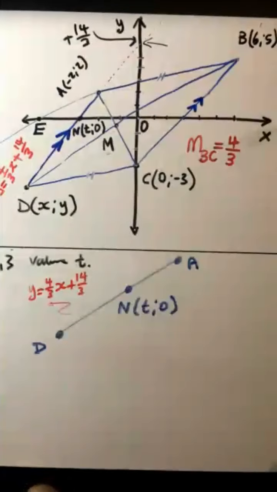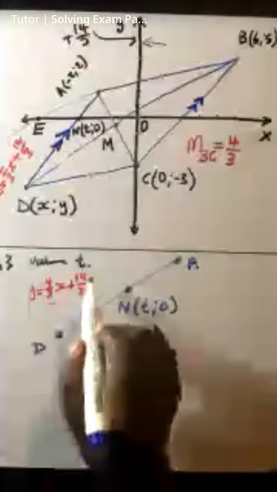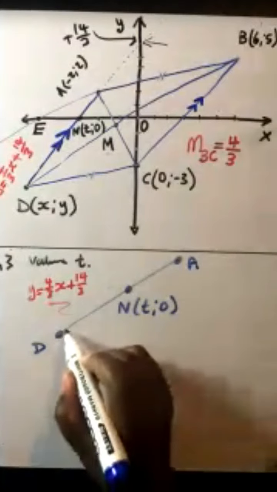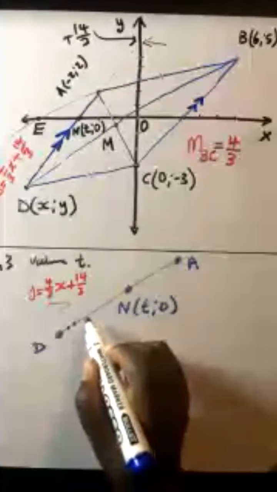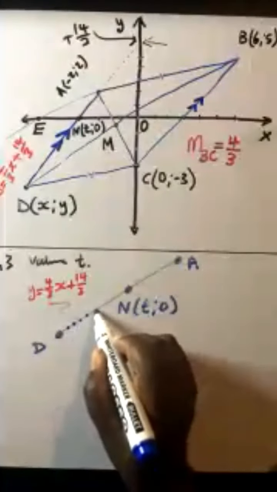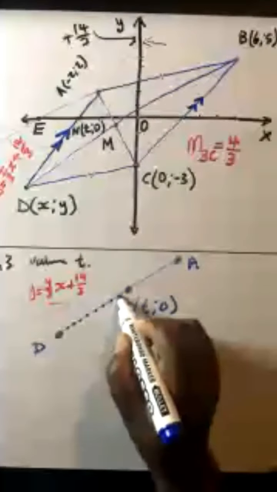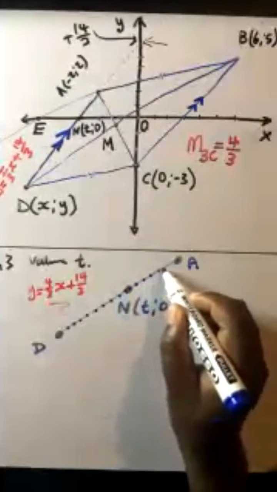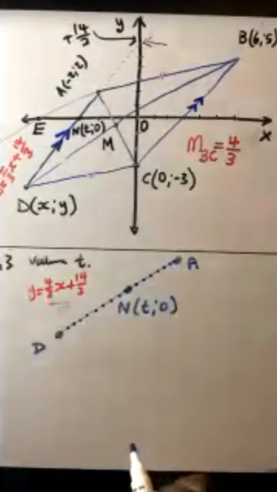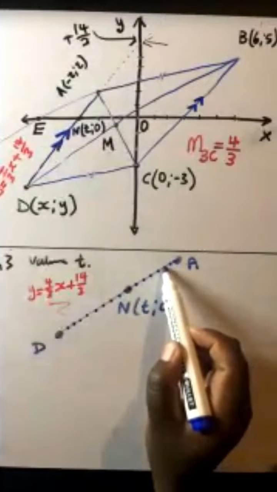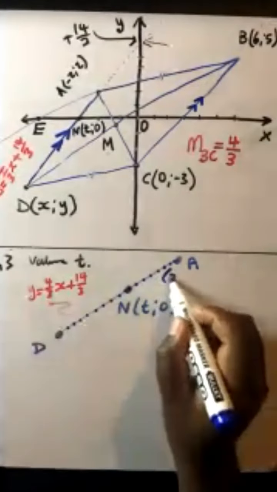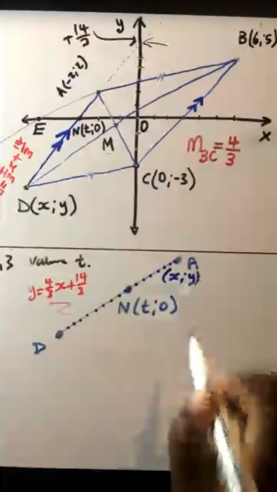Ladies and gentlemen, that means we can use the formula of that equation to calculate the coordinates at any point along that line. So if we want to know the coordinates of a point, remember the coordinates are x and y.